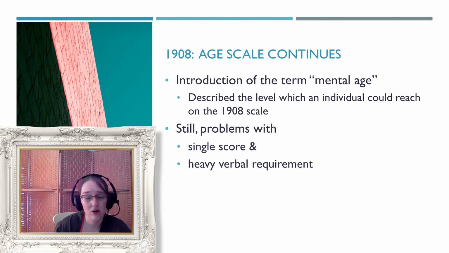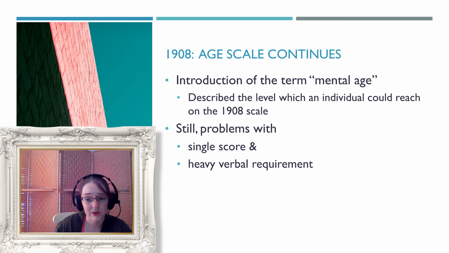If you could perform specific tasks, like answer questions that could be answered by 2/3 to 3/4 of the average 10-year-olds, then you had a mental age of 10. It's subjective how mastery is quantified, but that was the idea.